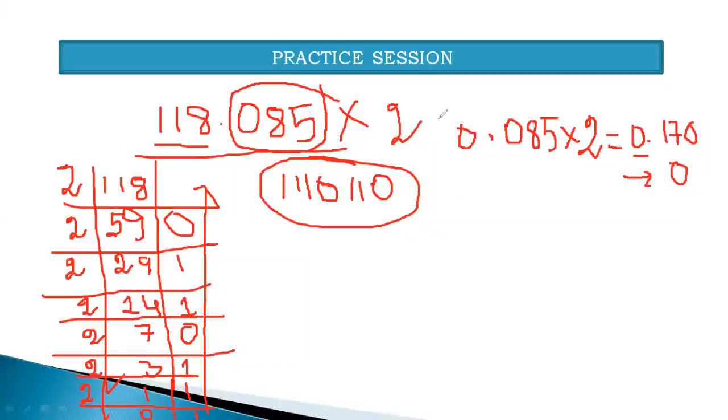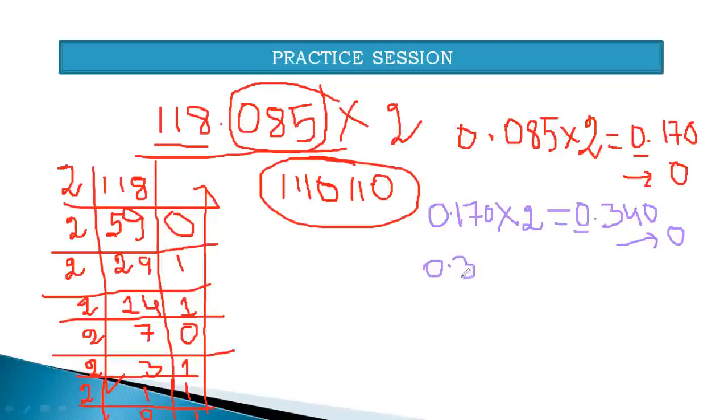Now the new number is 0.170. Multiply by 2. The output will be 0.340. Extract the value written before the decimal part, that is 0. So the new number is 0.340. Multiply by 2.